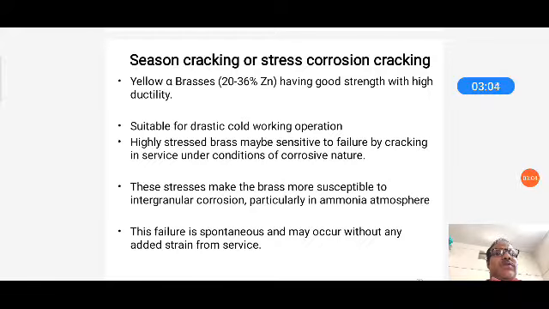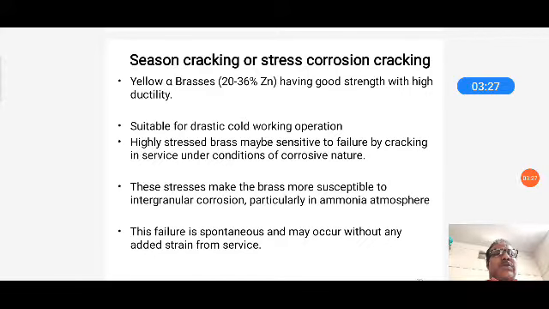So the failure is spontaneous and occurs without any severe strains from service. Don't expect when the material will fail. So you have to take care during the seasoning period.